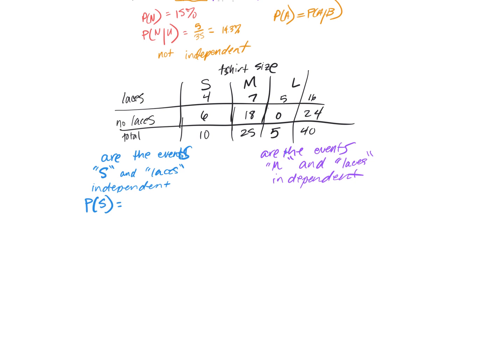What was the probability of S? 0.25? You got 10 out of 40, which is in fact equal to 0.25. If you would have done it that way, you would have found the probability of laces is 16 out of 40, which was 0.4.